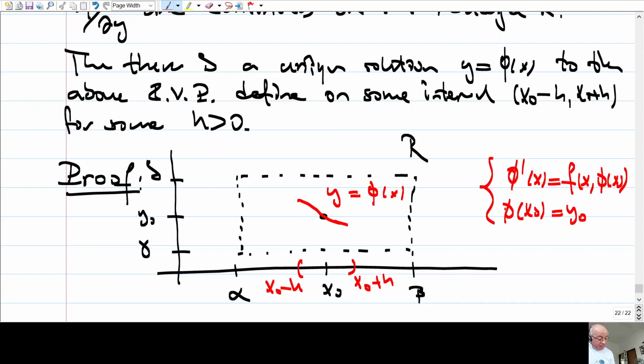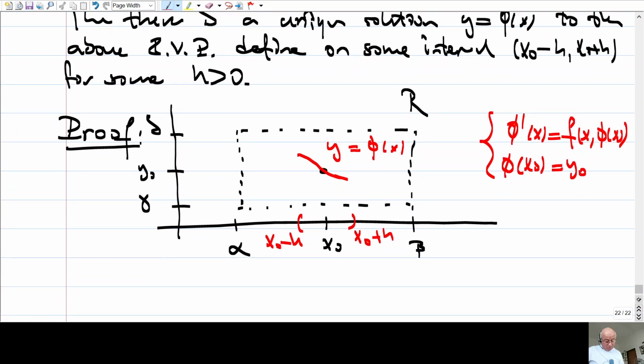So that is the difference between the two types of problems, one linear, the other nonlinear. In the linear case, as long as p and q are continuous on an interval, you would have a solution defined on the same interval. But here you don't have that.